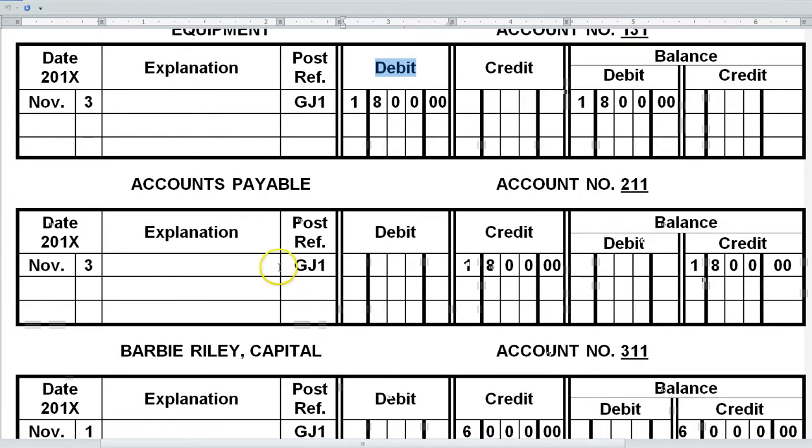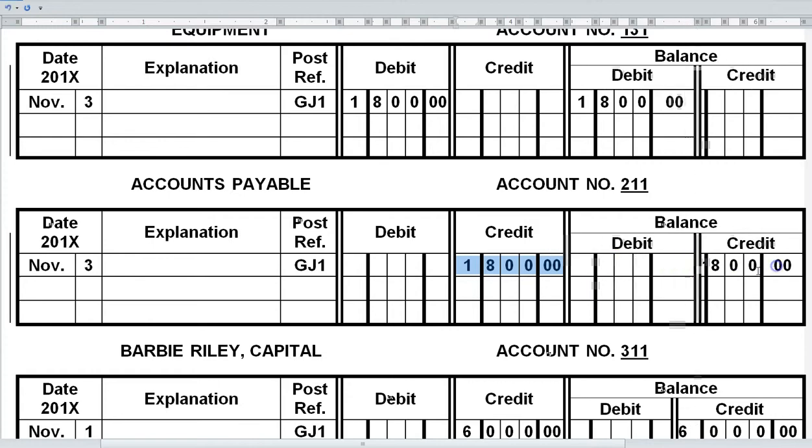Now we're swinging to the other side of the equation. The credit balance of accounts payable was established by the entry from November 3rd when we purchased something on account, so that we had to add whatever we debited. The credit was to accounts payable to show that we owe that $1,800.